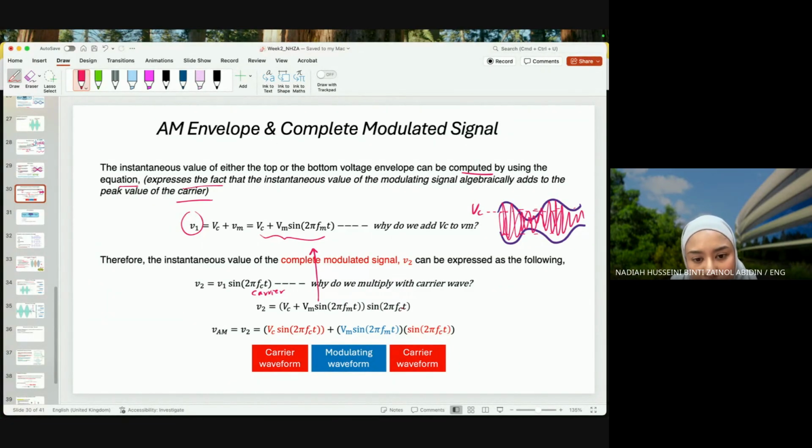What this gives me is VC times sine 2 pi FCT, and VM sine 2 pi FMT times sine 2 pi FCT. There are two terms here. One is basically the carrier wave, and the other is the modulating signal times the carrier wave without the peak. So there's no VC here.